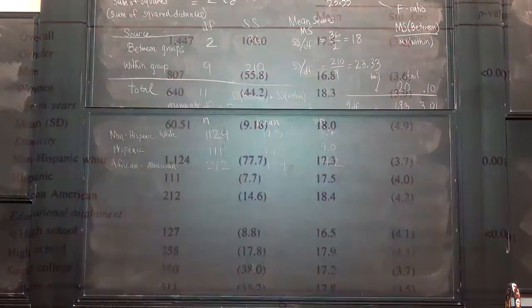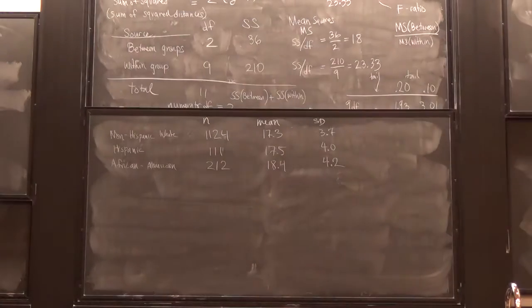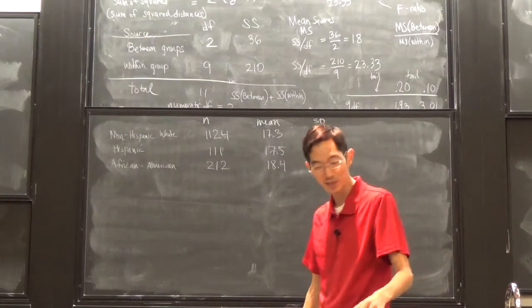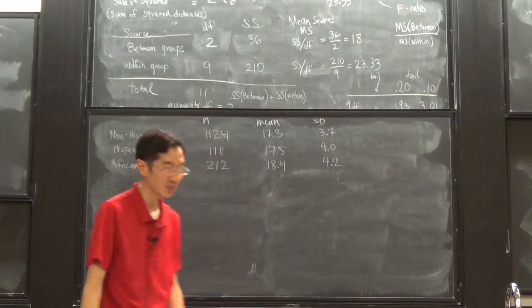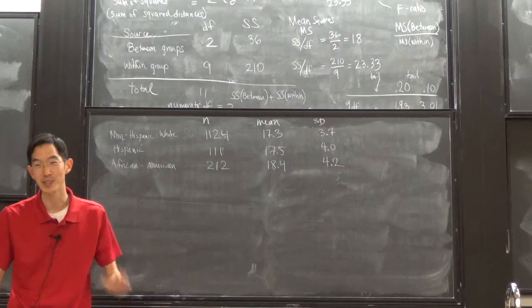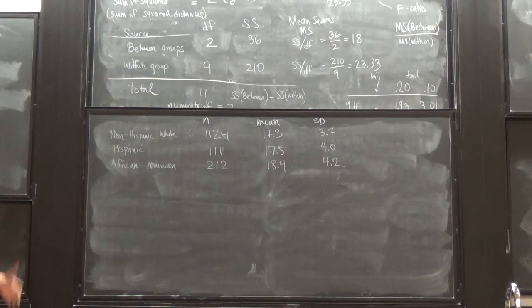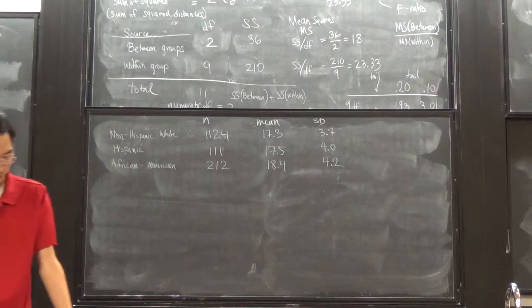They don't always include the standard deviation. If you find another article with one-way ANOVA that includes all of this information, I'd like to see it, just because maybe this is of interest to our class.